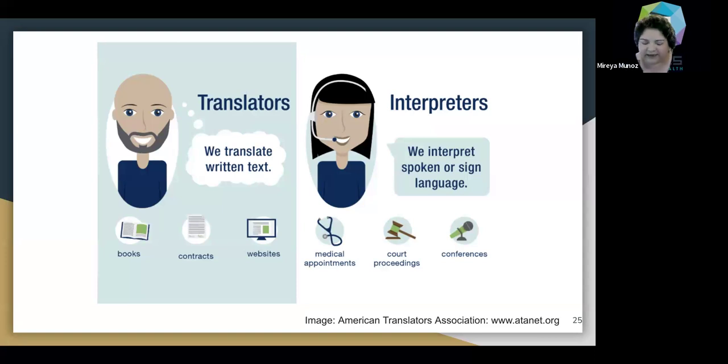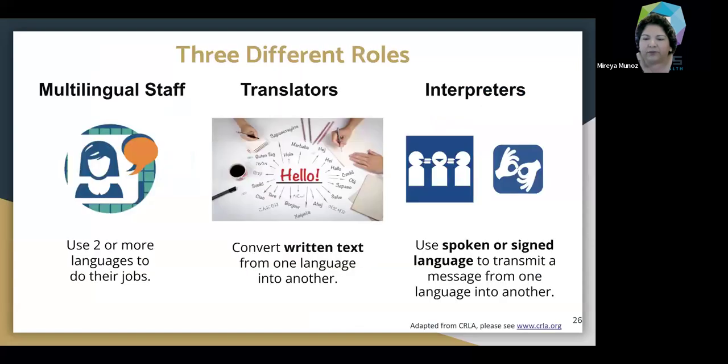Next slide. Depending on the mode that is utilized, we have different roles that are carried out. Most of the time this is carried out by bilingual staff, individuals that speak more than one language, which is what we see in a lot of our communities.